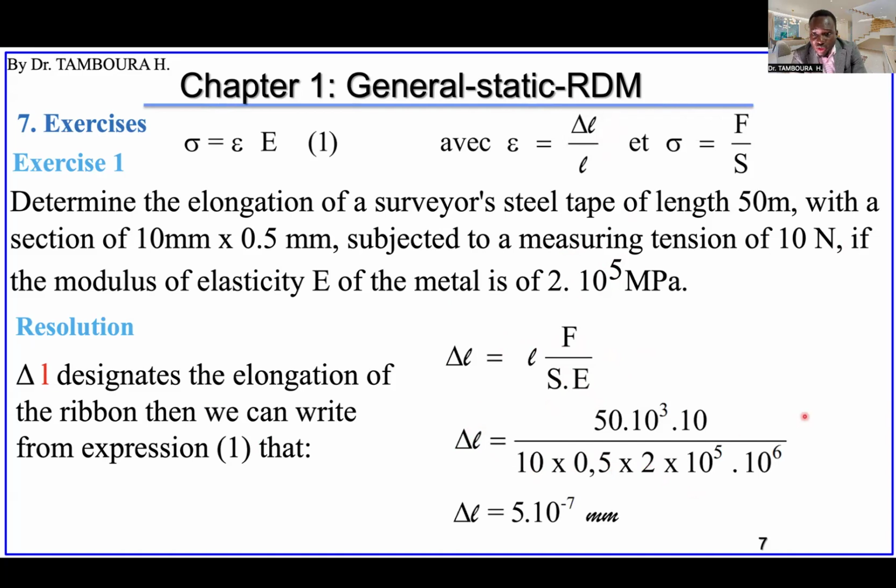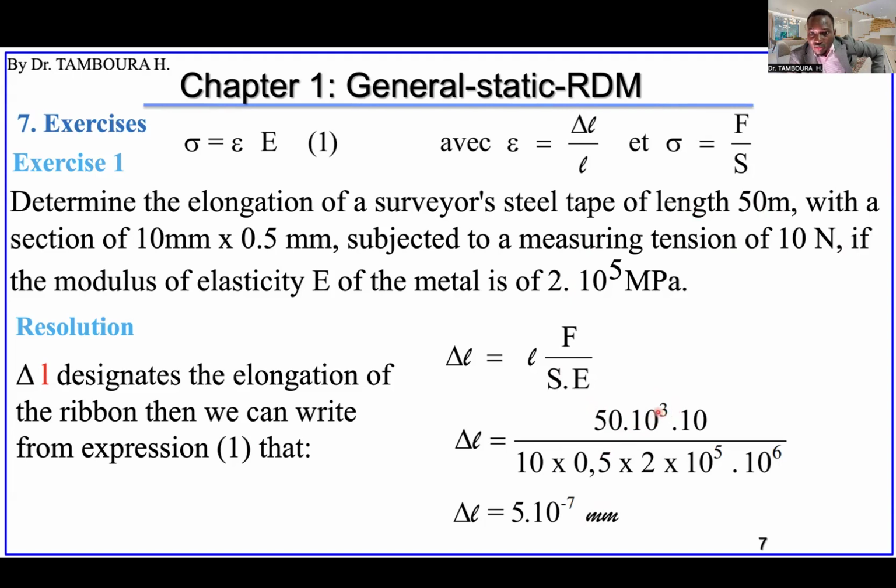But remember, you have to convert, for example, this one from megapascal to pascal, that means multiplying it by 10 power 6. The section here you can keep in millimeter if you want the variation of the length in millimeter. So the 50 meters here should be converted to millimeter, so multiply by 10 power 3.